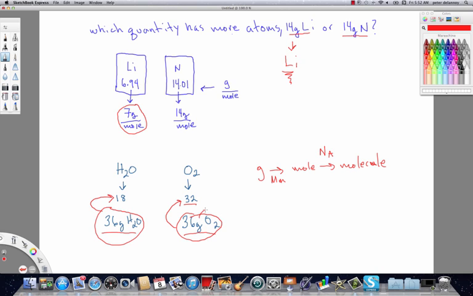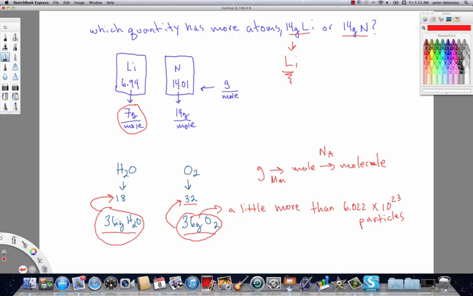So this has got a little bit more than 6.022 times 10 to the 23rd particles. It's close to a mole.